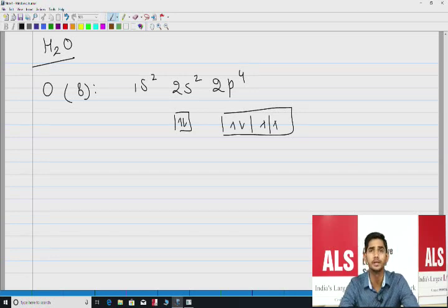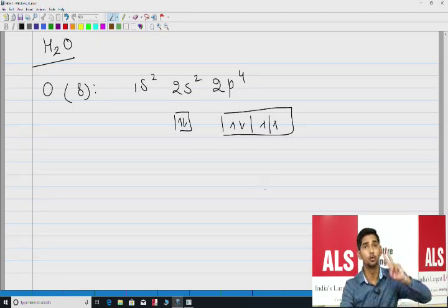So obviously in the hybridization process, 1s and 3p would participate, but yes, only those orbitals which contain the unpaired electron will form the bonds. So I can see that here only 2 such orbitals are available. That's why this one will form 2 bonds only.